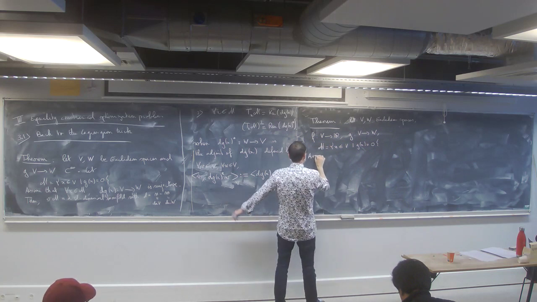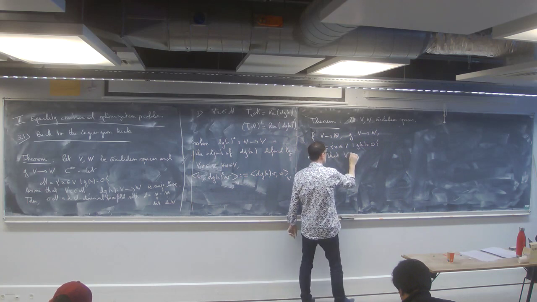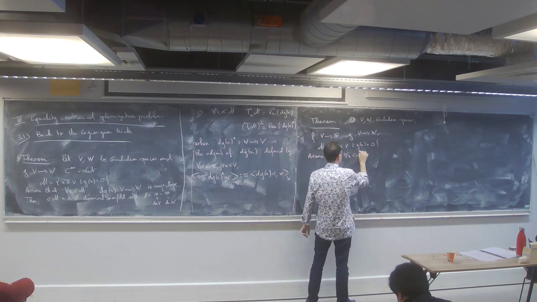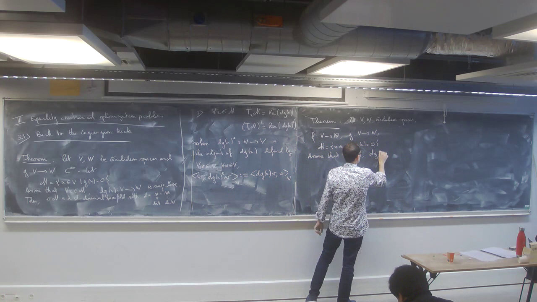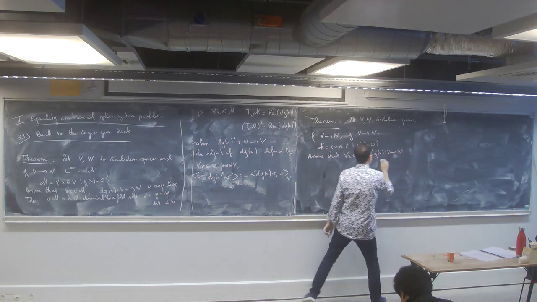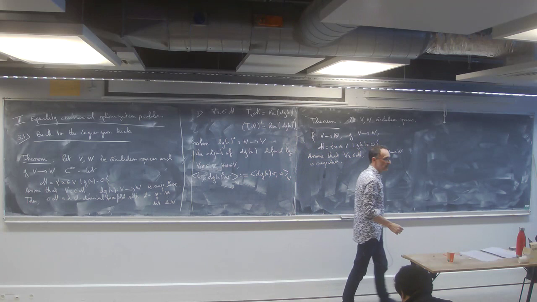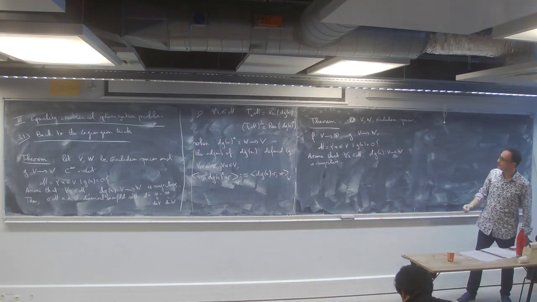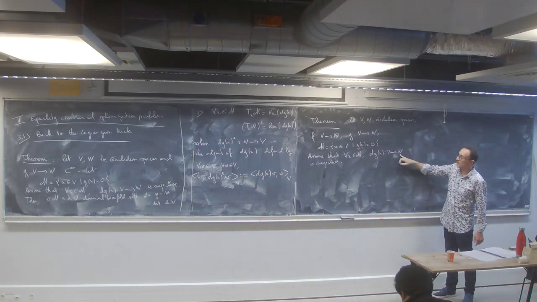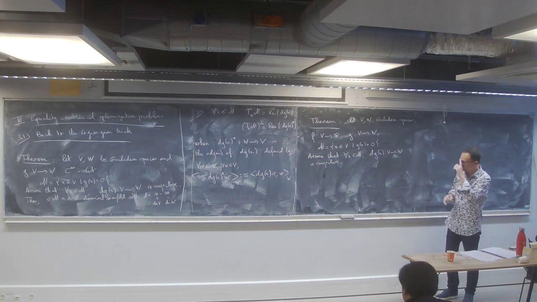And we make the same assumption as here. So we assume that for all X in M, the derivative of G at X is surjective. So this implies, of course, that the dimension of W is lower or equal to the dimension of V.